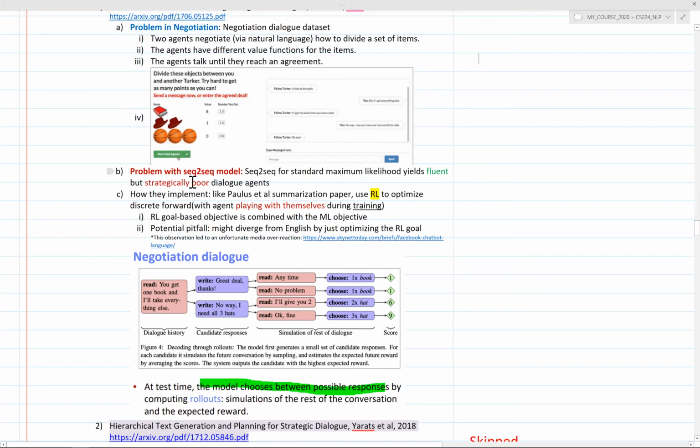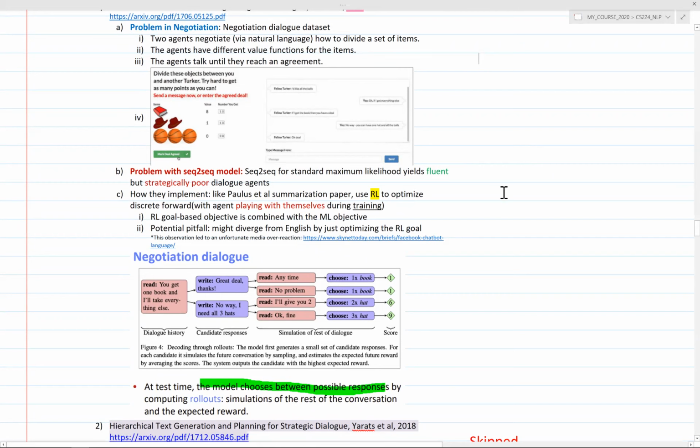The problem with the seq2seq model is that although the conversation could be fluent, in these negotiation circumstances it would be a strategically poor dialogue agent.